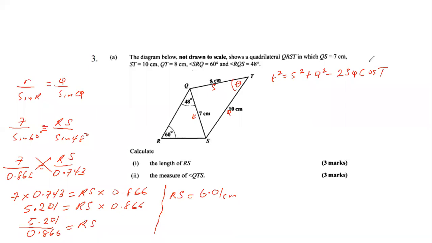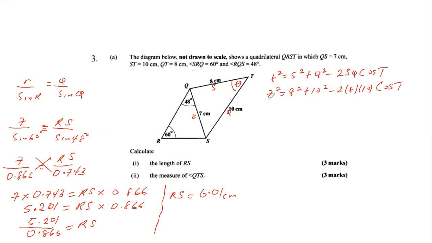All right. So we are going to write 7 square is equal to s, which is 8 square, plus q, 10 square, minus 2 times 8 times 10 cos t.